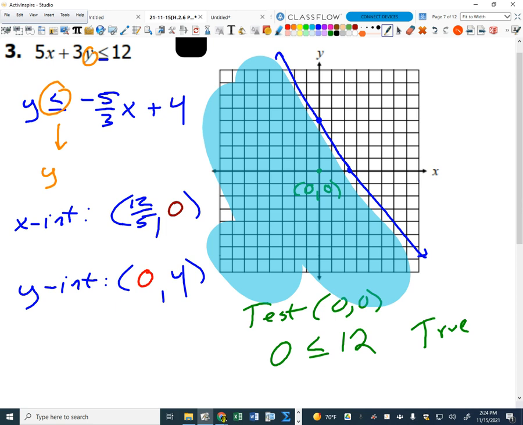Everybody see that? So I'm going to get y is less than or equal to whatever, right? It's less than or equal to the boundary line. So I could just mentally do the steps to isolate the y, just trying to determine what's going to be the final direction of that inequality. It's going to be y is less than or equal to, so that's telling me I shade down. Take your pick. Either one of those methods is fine. Any of those 3 methods would be fine.